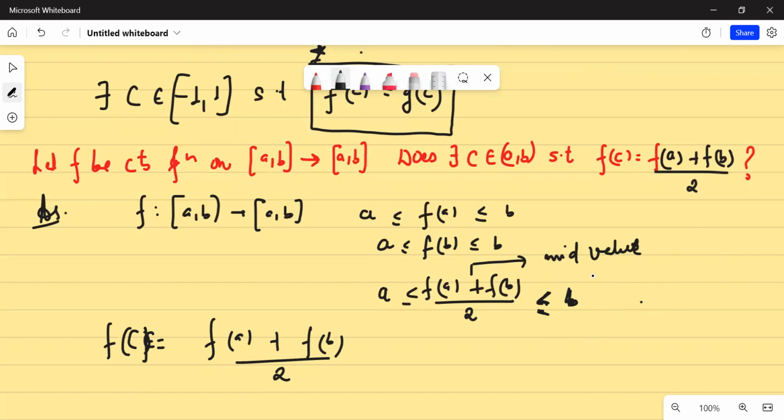So when it takes all the values from in between, so it will take for some c it will also take this value.